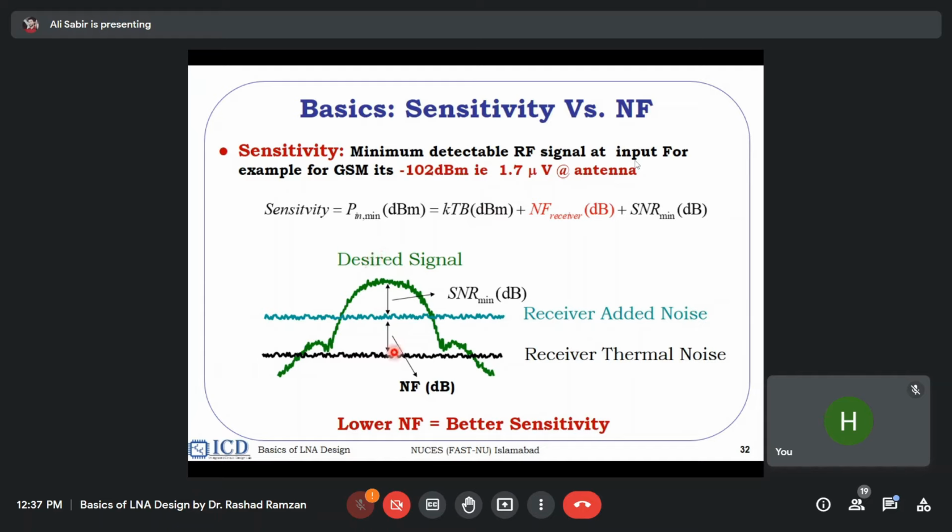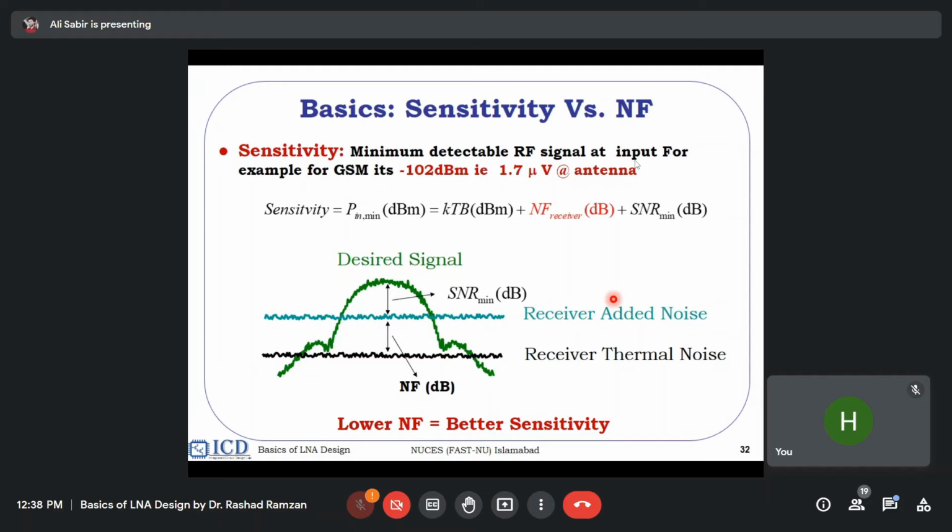How does it relate to the noise figure? You see here that this is the receiver thermal noise limit, then you have a noise figure here, and then you have an amplified signal. For a good bit error rate or good voice quality, a bit error rate less than 10⁻³, the signal to noise ratio in different standards should be between 10 and 50 dB.